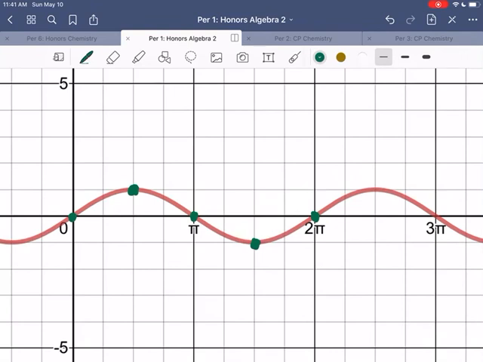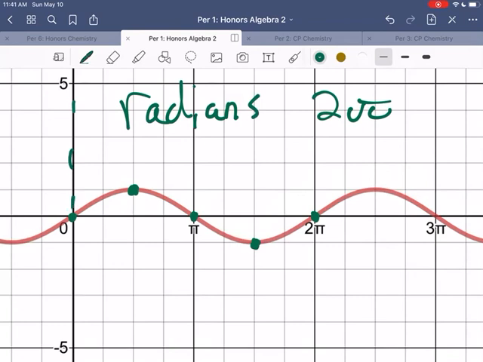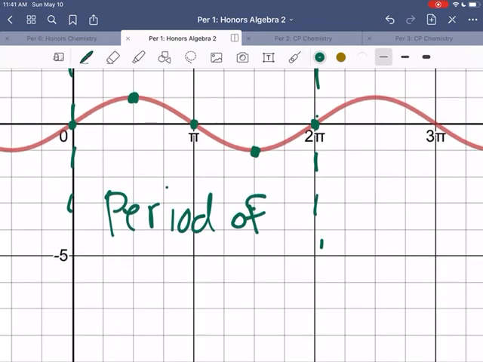So this is what I meant before by radians having an entire cycle in 2 pi lengths. So the period of the sine of x function is 2 pi. The period of sine of x is 2 pi.